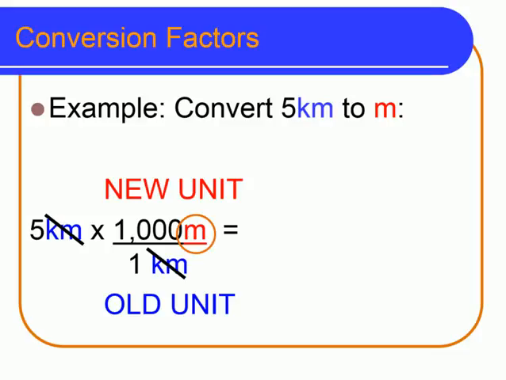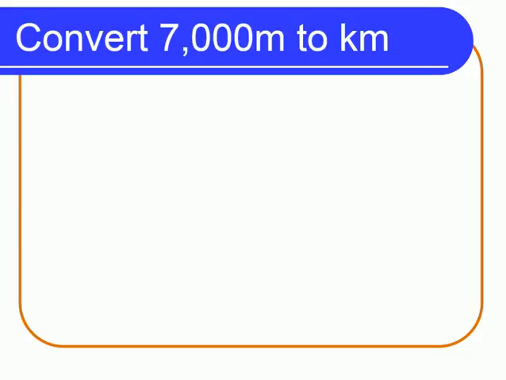So I've successfully converted from kilometers to meters. Now all that's left is to carry out the numerical part of the calculation, multiplying 5 by 1,000 and dividing by 1. I carry over my unit. That's the first most important thing that allows me to know that I'm correct. And then I carry out the numerical calculation, which equals 5,000. So there are 5,000 meters in 5 kilometers.